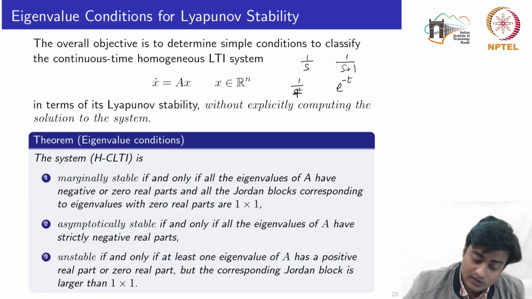That's why we say that if we have an eigenvalue, or the roots or poles of the transfer function, at 0, then it should be a simple root. But here the roots are not simple, because at 0 we have two roots, or in other words we have Jordan blocks corresponding to eigenvalues with 0 real parts larger than 1 cross 1.